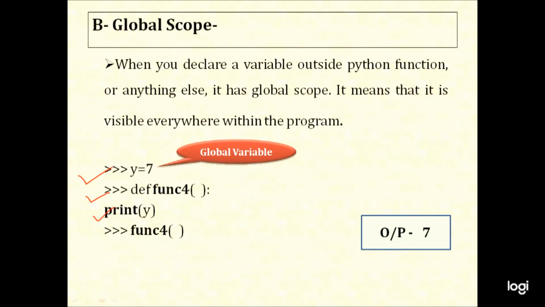No problem, it will be printed because this is the global variable and used inside the function. Remember, here you have not declared it inside the function, still it can be used inside the function because it is a global variable. Now print, the output will be 7.